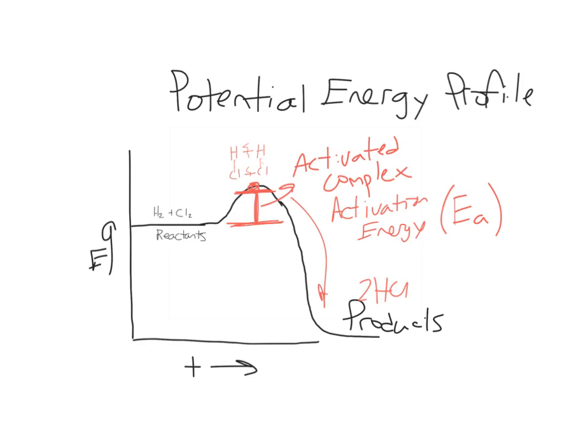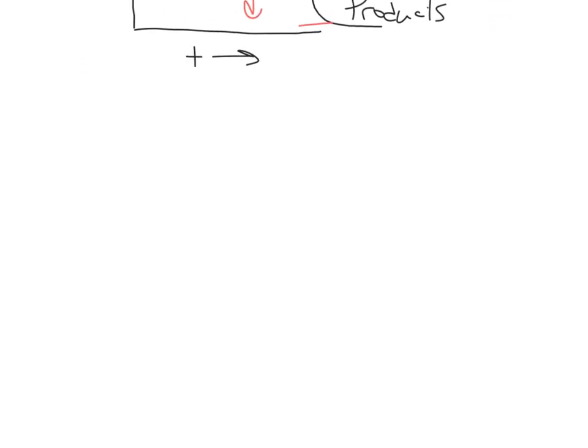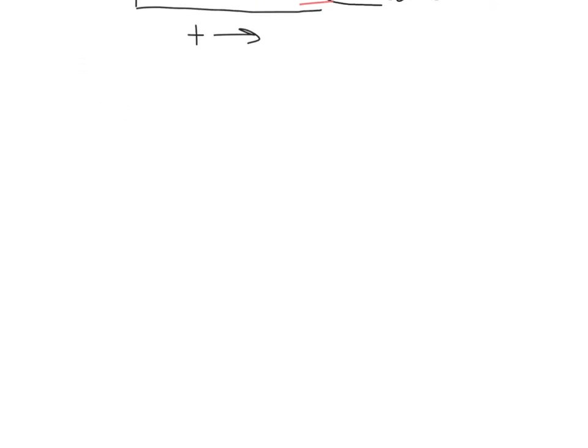This one's exothermic because the products end lower than the reactants started at, and so the overall energy change is negative. Now, I'm going to show you an example of an endothermic potential energy profile of a very common reaction that you're familiar with: the decomposition of water. So I'm going to draw the vertical axis.